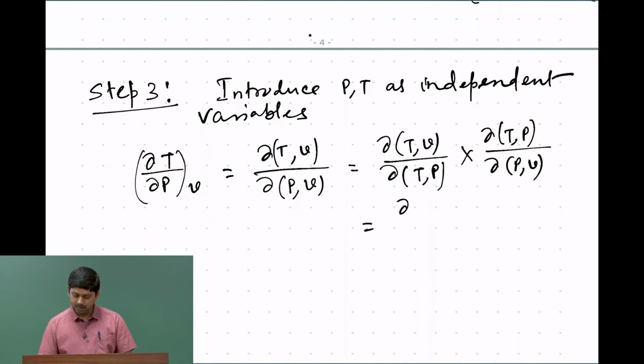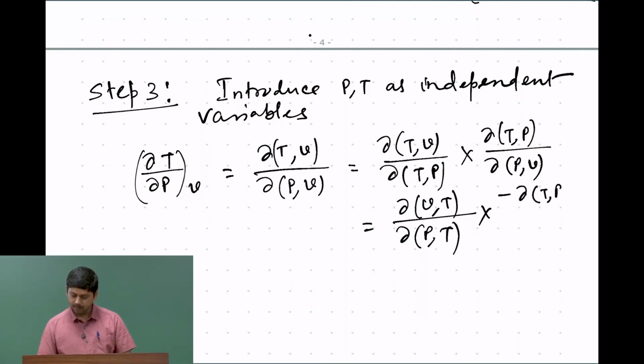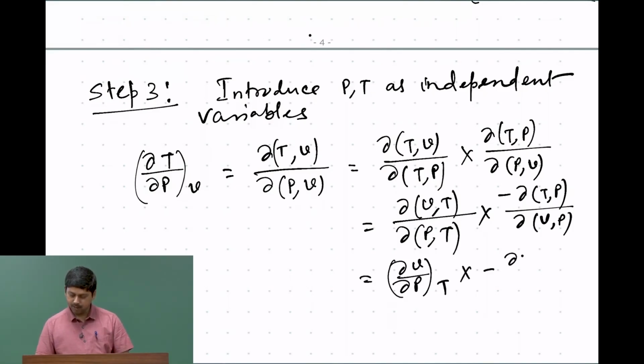So, it can be written as del (V, T) by del (P, T), and this can be written as minus of del (T, P) by del (V, P). So, now you know this one is del V by del P at a constant temperature, and this is minus of del T by del V at a constant pressure.